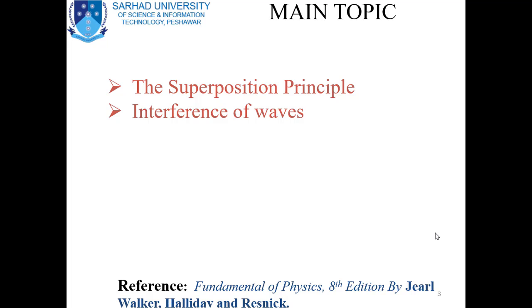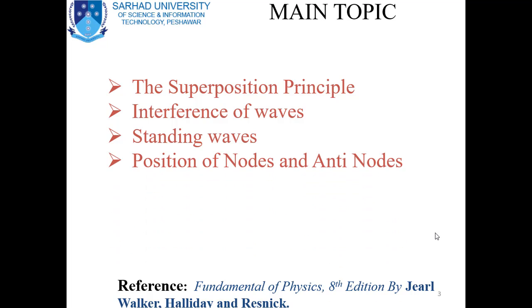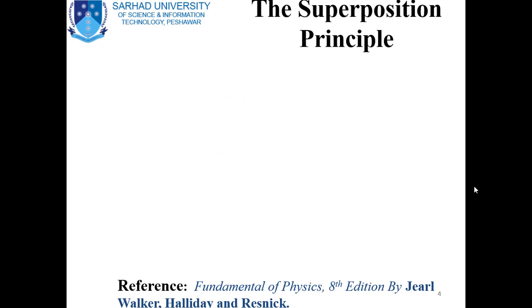We will discuss interference along with its types, and then the second effect of the superposition principle, which is standing waves, also known as stationary waves. And our final part of the lecture will be to find the position of nodes and antinodes in standing waves. So let's start our first topic, the superposition principle.